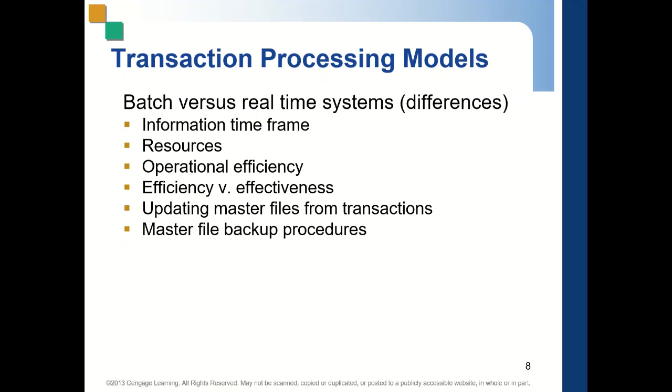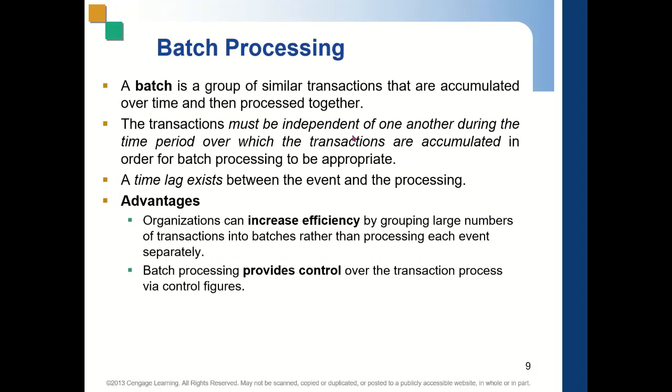Okay, now when talking about transactions and how we process transactions, usually we will distinguish between what is called batch processing and what is called real-time systems. And you can read the book about all of these things, but the key difference really is this issue about time.